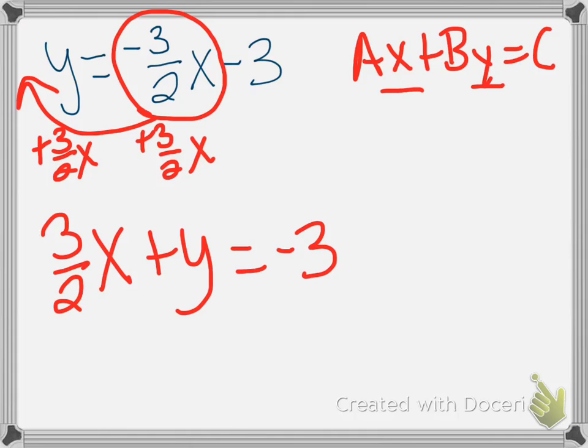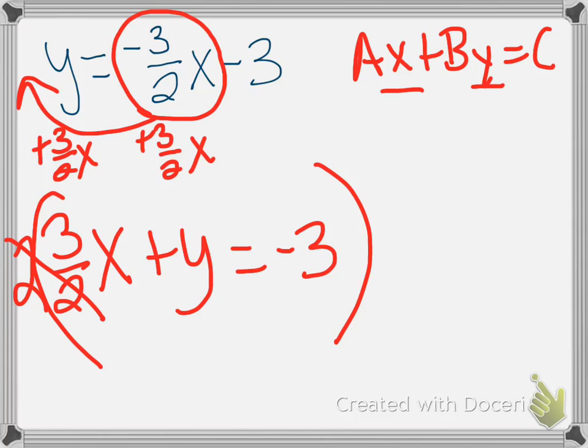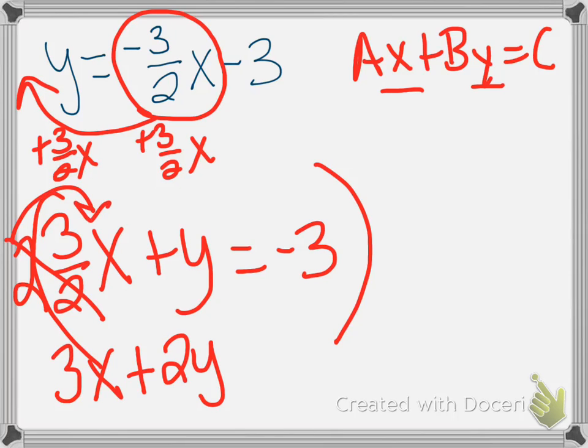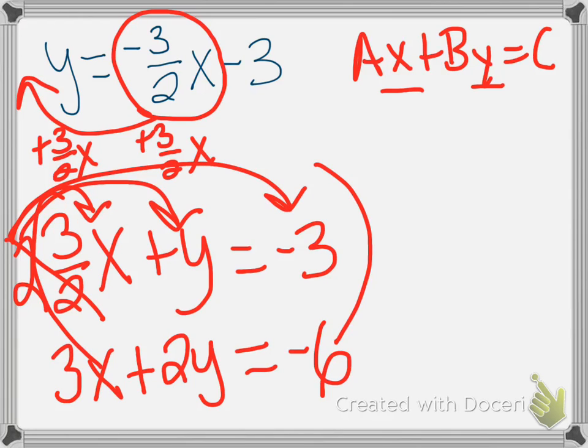Then you want to multiply everything in this equation by 2 so that we can get rid of this fraction here, because when you're in standard form you want everything in whole numbers. So when I multiply 3 over 2x by 2, the 2s cancel, so I end up with 3x plus 2y, because I multiplied everything by 2, this one, and this one, and this one, equals negative 6.